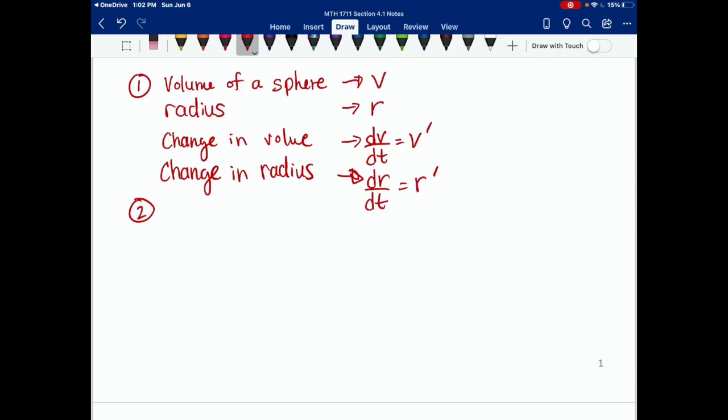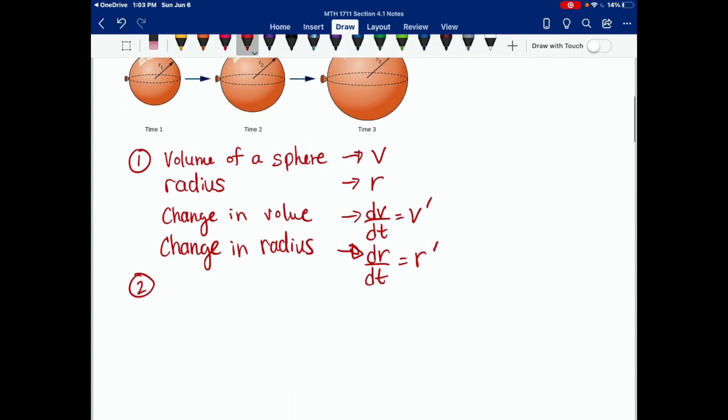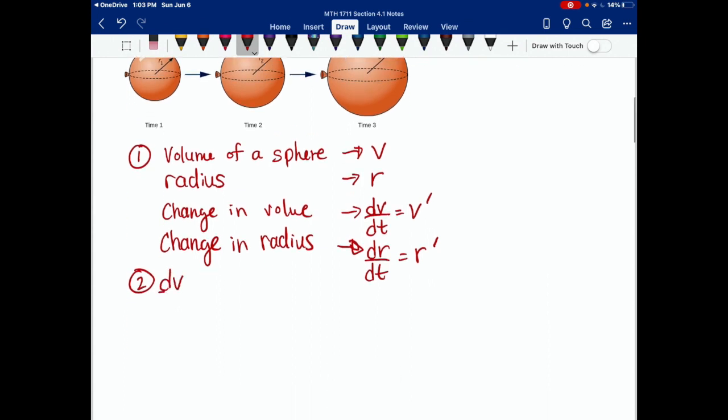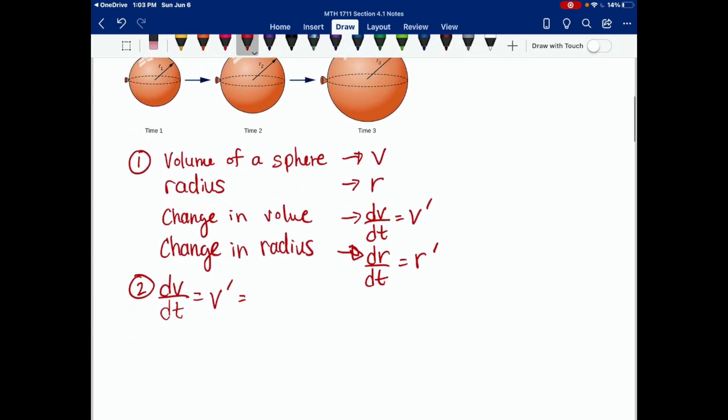Okay, the second step says state in terms of the variables the information that's given and the rate to be determined. So if we look at the information that's given, we're given the change of volume, which is 2 centimeters cubed per second. So we know that the derivative of the volume with respect to time, which we can also write as V prime, is 2 centimeters cubed per second.